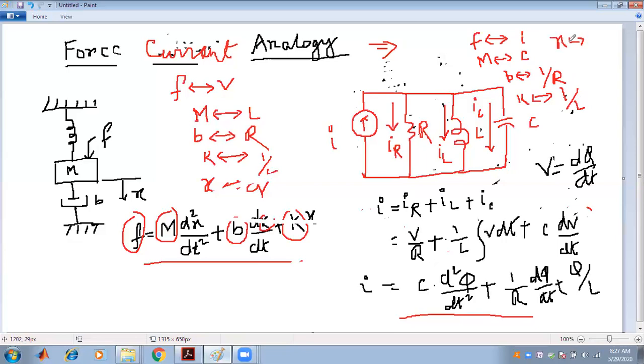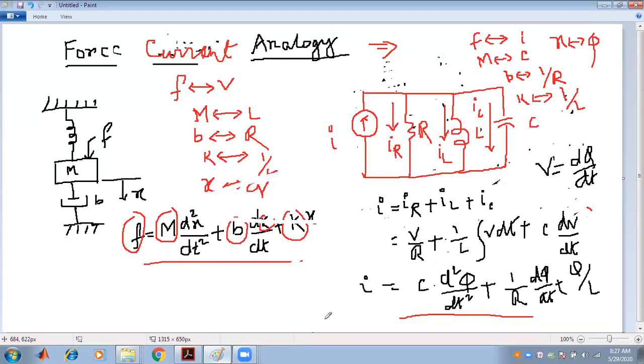So that is where we can easily understand the concept of the force voltage and the force current analogy. We can easily replace the mechanical system with the help of force voltage and force current.